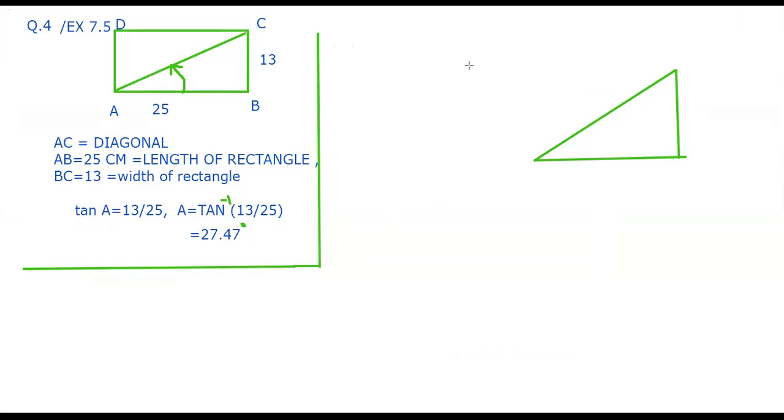You can imagine that this is sea level, and this will be the road that is inclined, and its length is written as 2 miles.